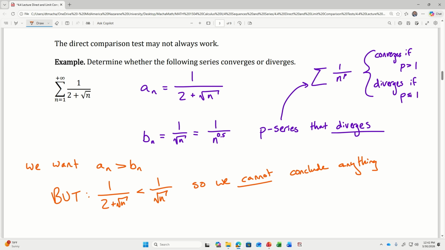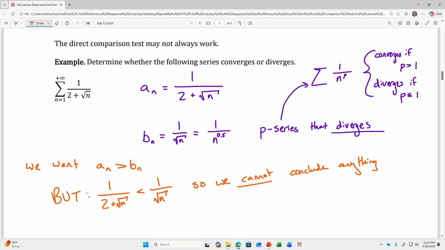So if you're not making any mistakes, if you're doing everything correctly, then this one actually diverges. But what I'm trying to show is that the direct comparison test on its own is not enough to prove that this diverges.